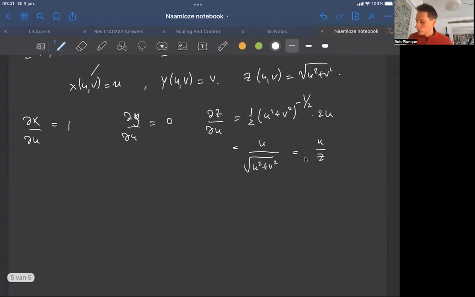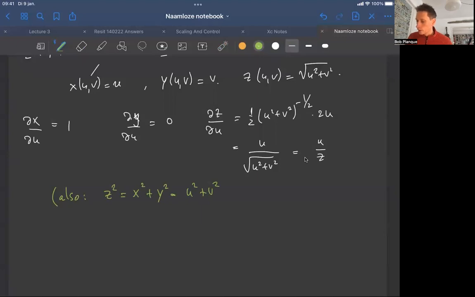And if you thought, well, that's obvious, because I already knew that z squared is x squared plus y squared, or in this case, u squared plus v squared.